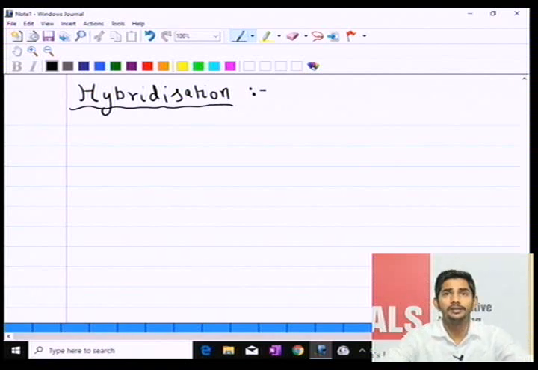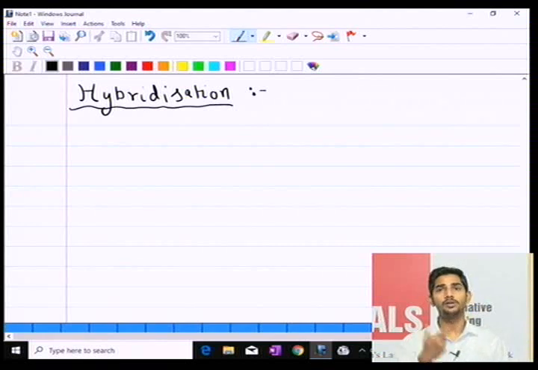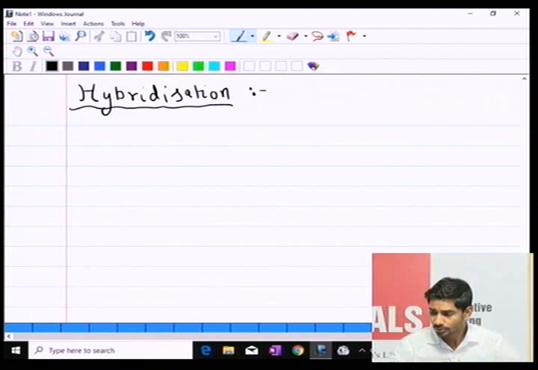So guys, in the valence bond theory, we have discussed how bonds can be formed. It says that for the formation of bonds, we need atomic orbitals containing electrons, and they must overlap with each other for the formation of a chemical bond. After that, we learned how we can draw the shapes with the help of VSEPR theory.